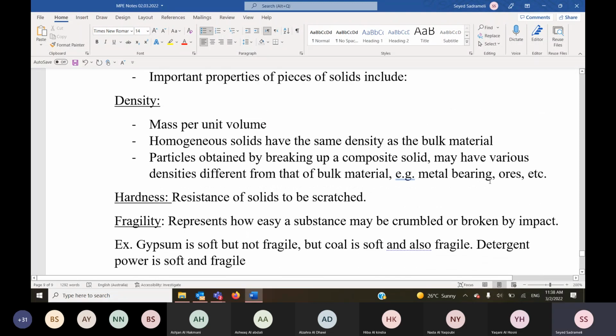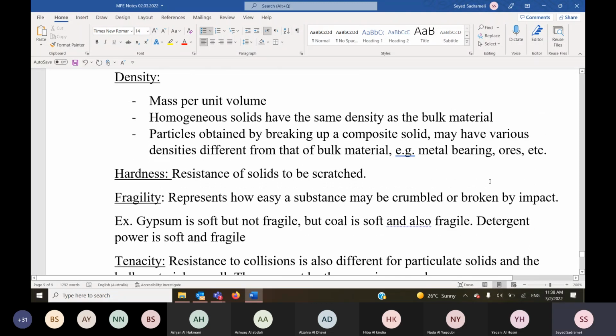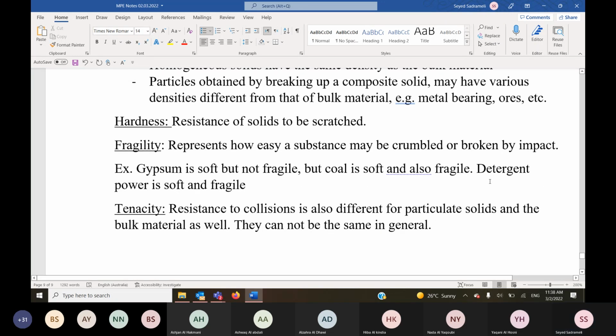Density is mass per volume, hardness is the resistance of solids to being scratched, fragility represents how easily the substance may be crumbled or broken by impact, and tenacity is resistance to collisions. So when they collide with each other, they may be broken into small pieces.